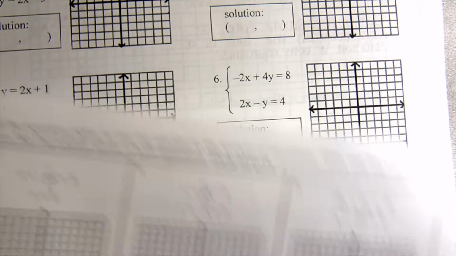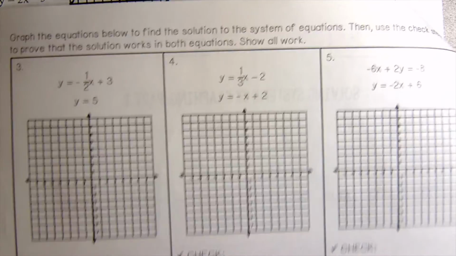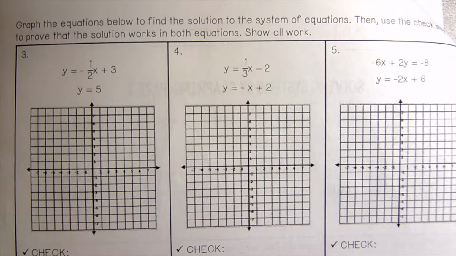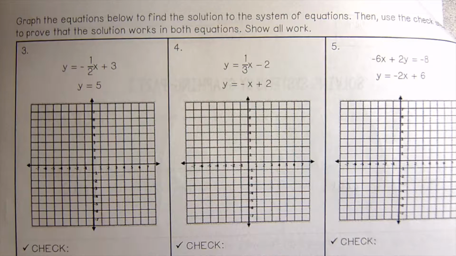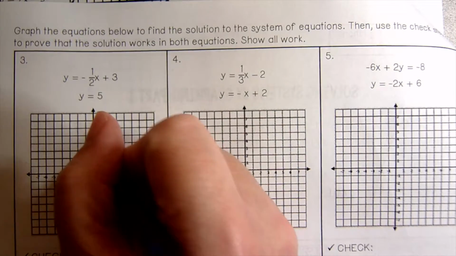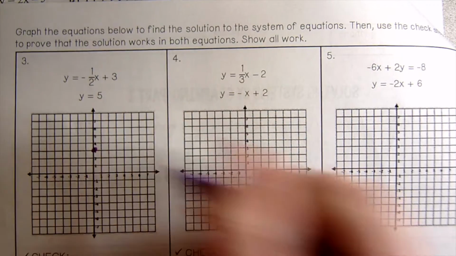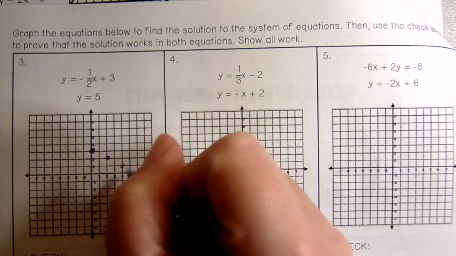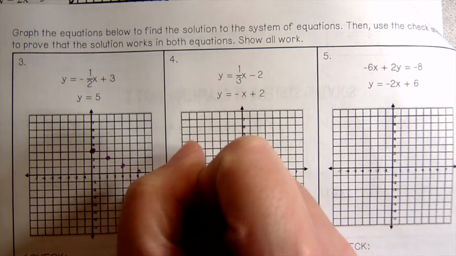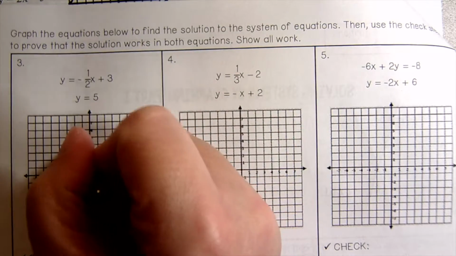All right, number 3 on the back. We are graphing both and finding where they intersect. So for y equals negative 1/2 x plus 3, what do I graph first? 3. Then where do I go? Down 1 over 2. So keep doing that. Make sure you get all of the points that you can.